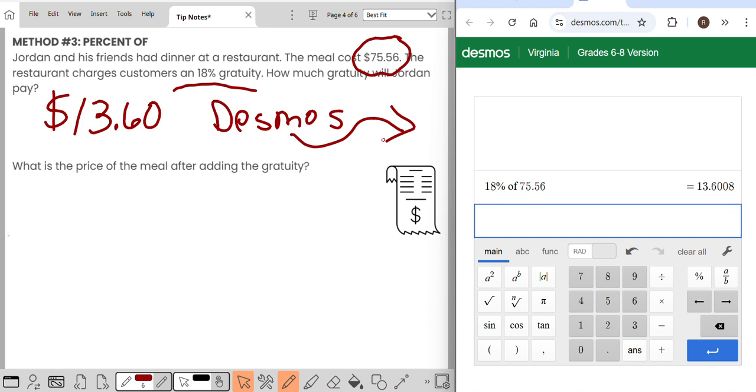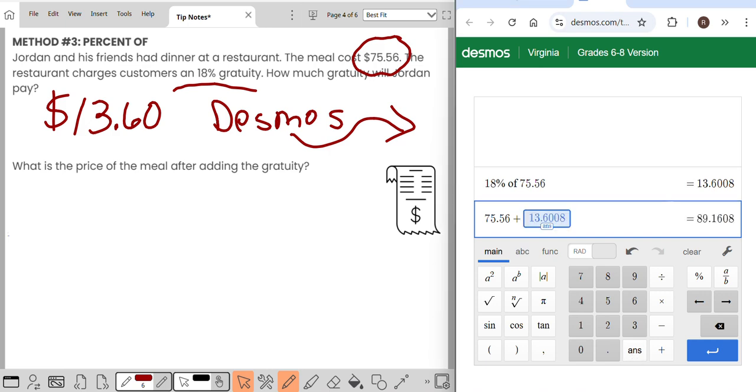So now I want a total. Again, I'm going to start with the cost. That's a good habit to get into, and I'll explain why in the next notes. So 75.56, and again, we are going to add. So to continue, I took the cost, 75.56, and I am adding the $13.60, but I'm going to use that ANS button down there so that it pulls it down for me.